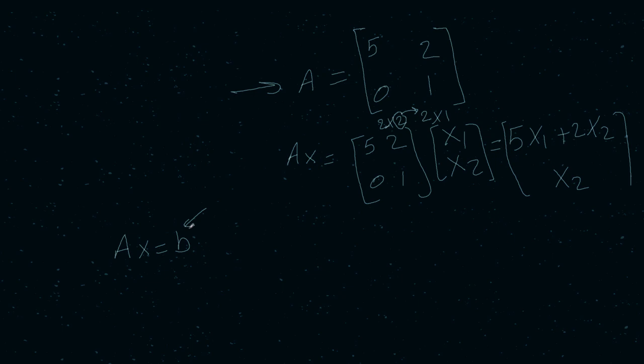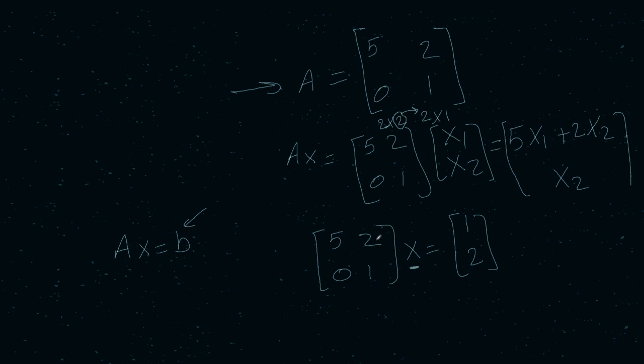For example, if we keep the same numbers, 5 2 0 1 times x equal to, let's say, 1 and 2, it means: what is the x which, when it is mapped or projected into this space 5 0 2 1, gives a vector with 1 and 2. It is of course very easy to solve this, as we know, by solving a system of linear equations.